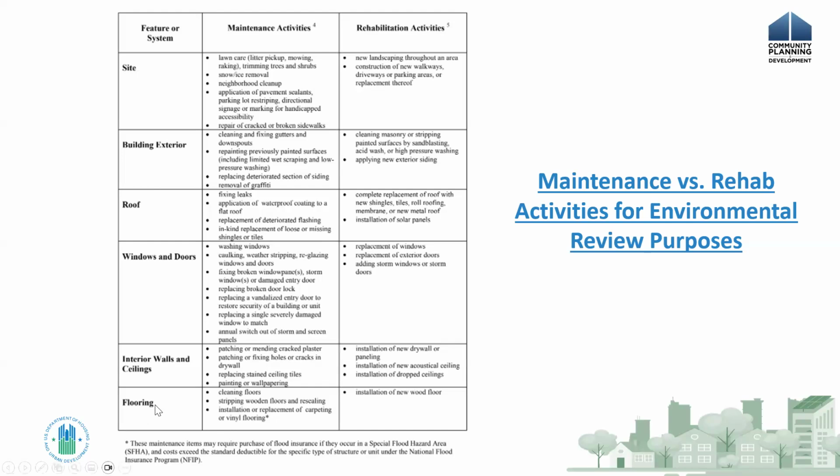That's the one that's installation or replacement of carpeting or vinyl flooring. You see here the maintenance items may require the purchase of flood insurance if they occur in a special flood hazard area and the cost exceeds the standard deductible for the specific type of structure or unit under the National Flood Insurance. That's why that one was not able to be readily part of that HUD Part 50 nationwide review for soft costs.